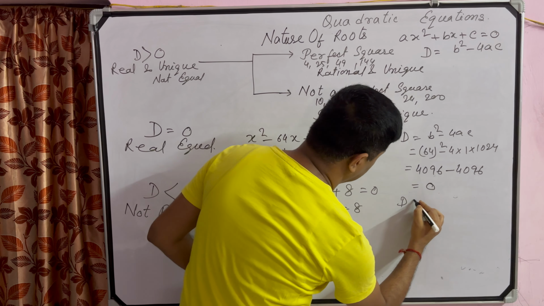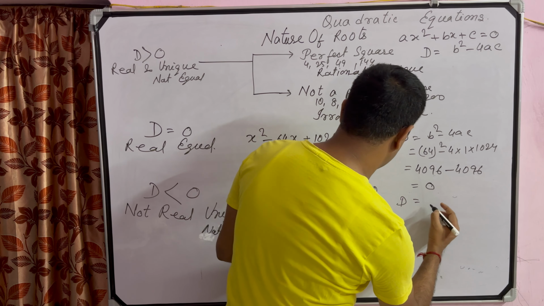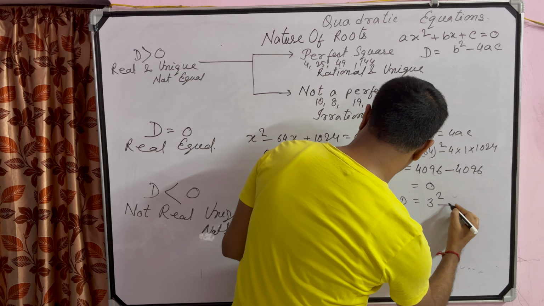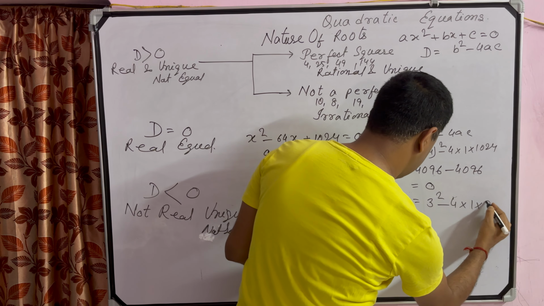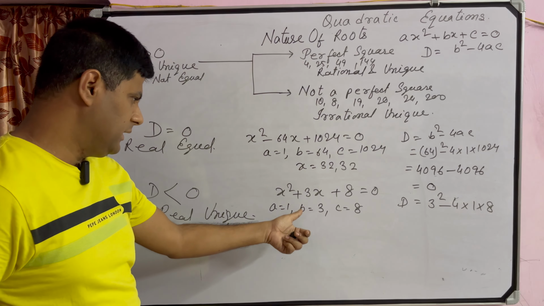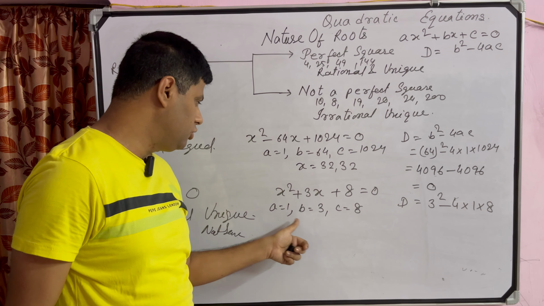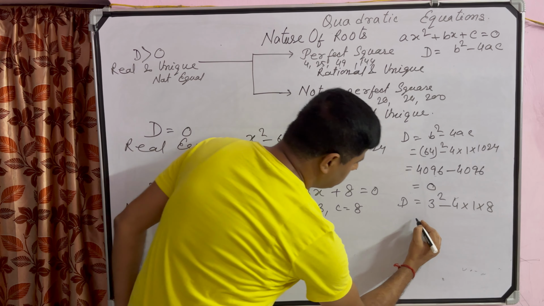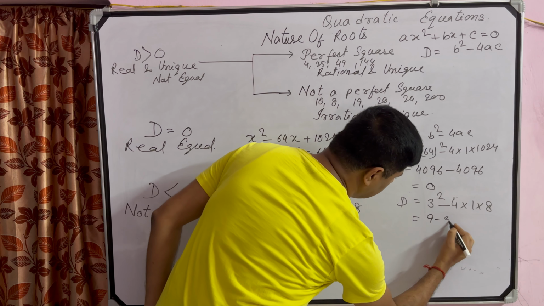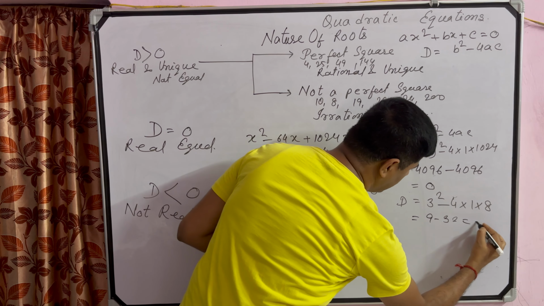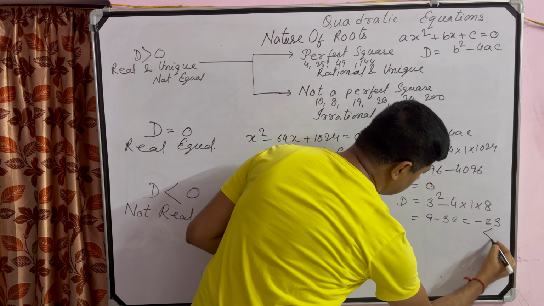So finally D equals b squared minus 4ac. So 3 squared minus 4 into 1 into 8. So it will be 9 minus 32. It comes to minus 23, which is less than 0.